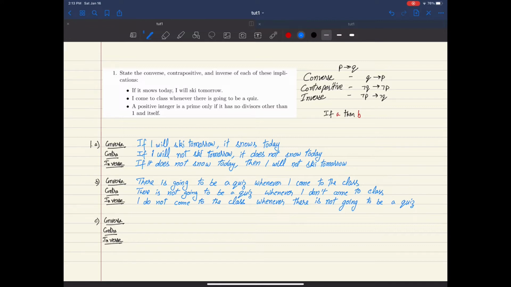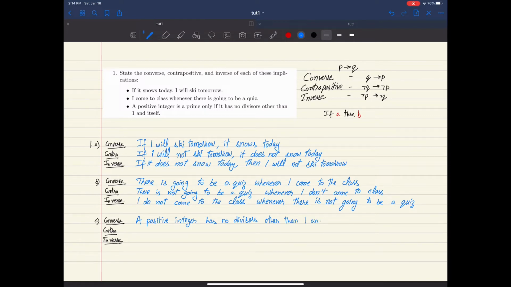Now, from Kenneth Rosen's Discrete Mathematics, P implies Q can be expressed as P only if Q. So here, this only if represents an implication. So positive integer is prime is your hypothesis, and the other part is your conclusion.